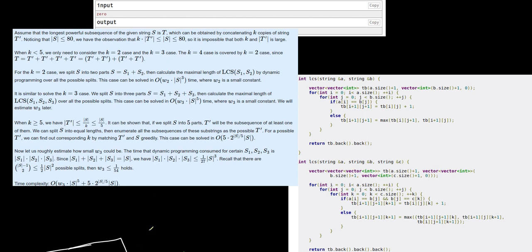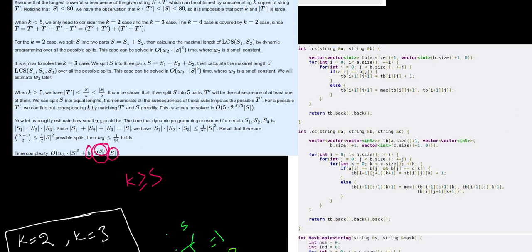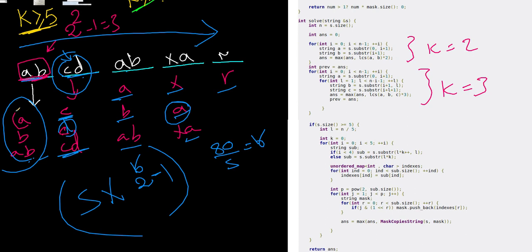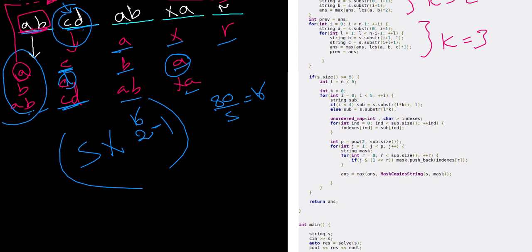And so the time complexity for k greater than or equal 5 is 5 multiplied by 2 to the power of the length of s divided by 5, which is the length of each segment, multiplied by the length of the whole string, because for every combination we said we need to find how many copies in the whole string, and this is implemented in this part of the code.